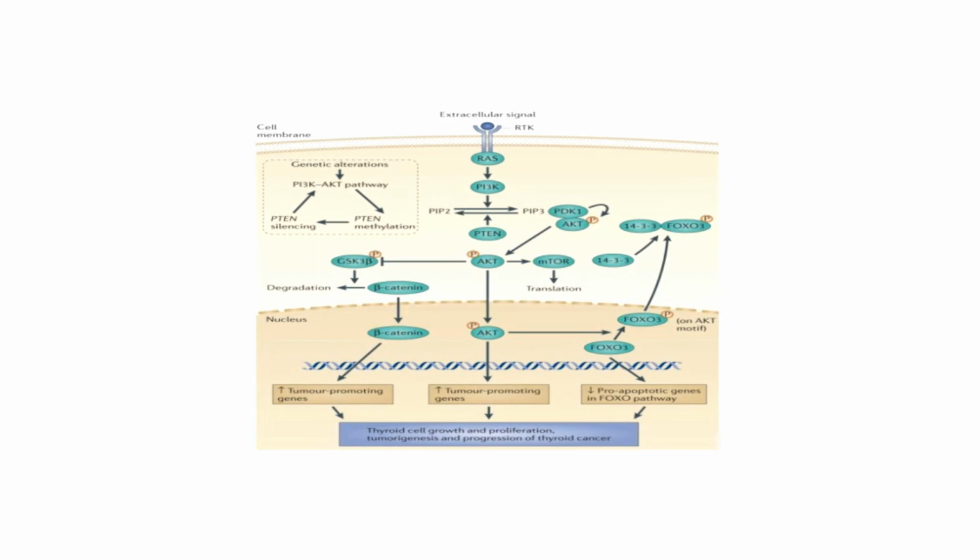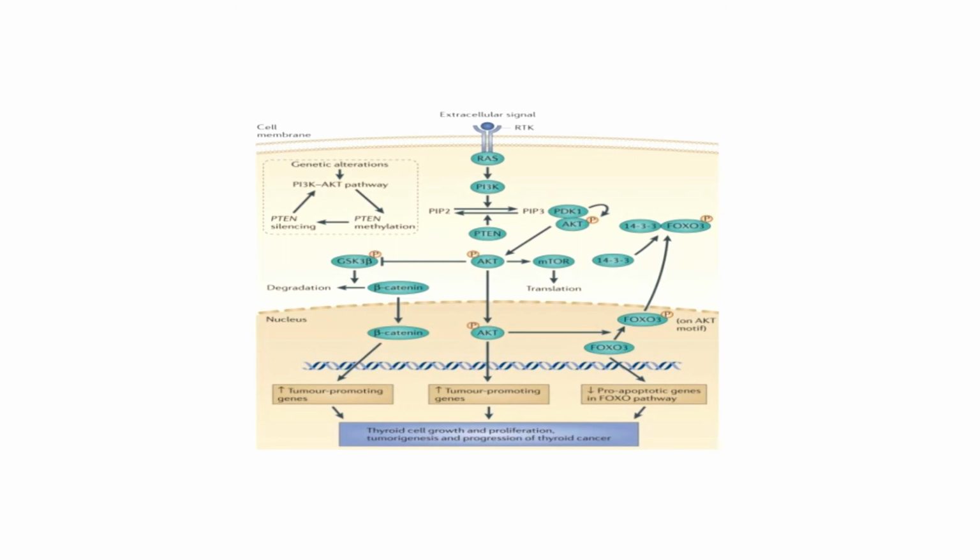In the nucleus, phospho-AKT can phosphorylate FOXO3 on its AKT-specific motif. Such phosphorylated FOXO3 is translocated out of the nucleus to the cytoplasm, where it binds with 14-3-3 proteins to be sequestered in the cytoplasm, thus terminating the pro-apoptotic activities of the FOXO3 pathway.